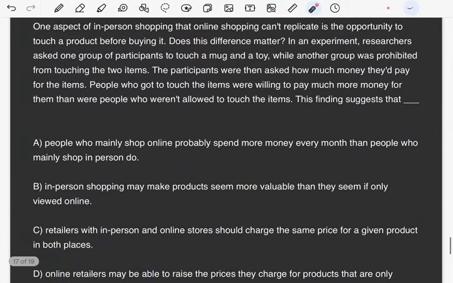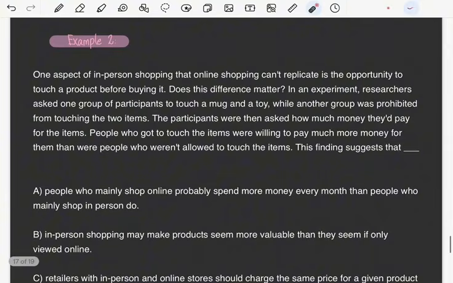First one is let's trace the logic. Now they say that with in-person shopping, people can touch their products, whatever they're trying to buy, and with online shopping they can only view that, right?